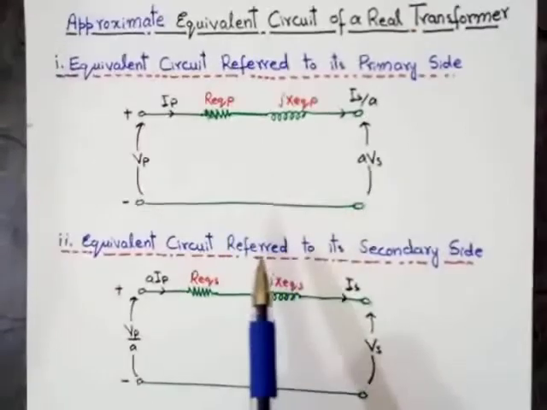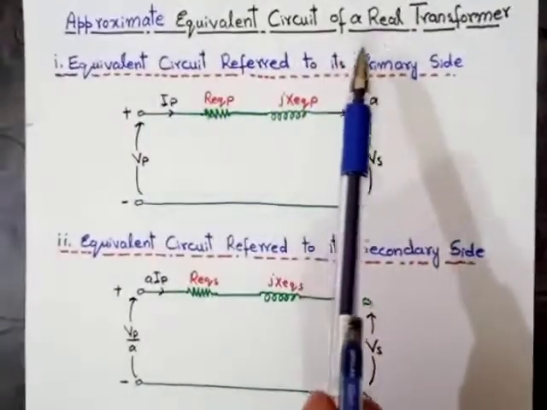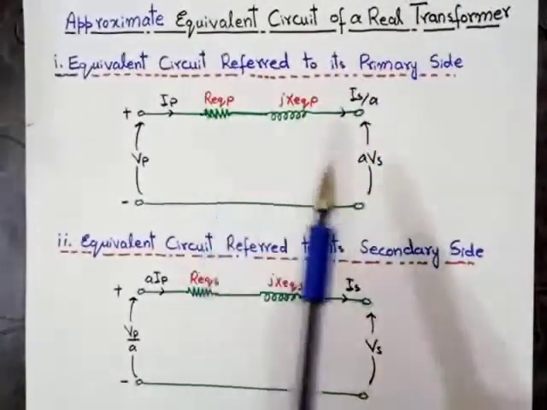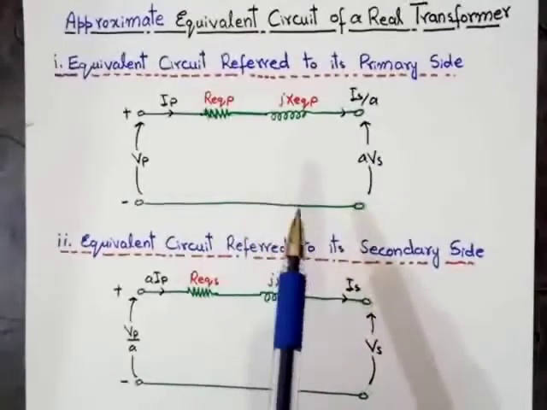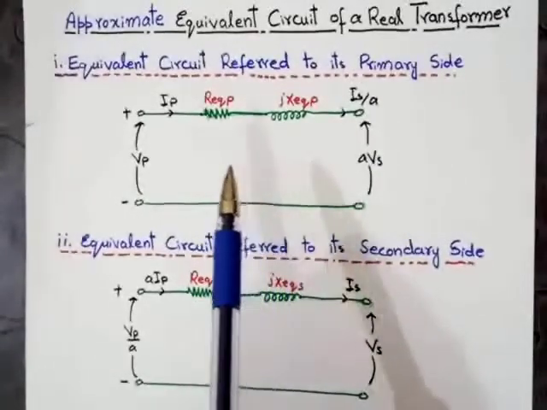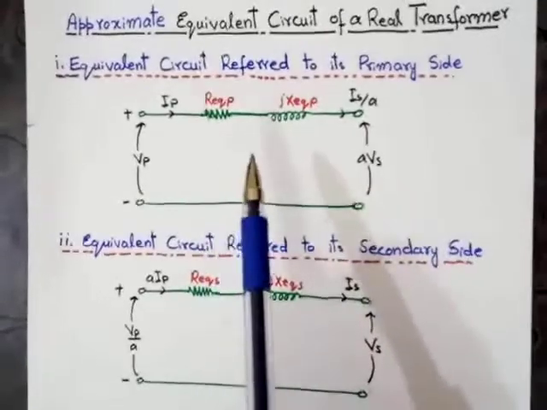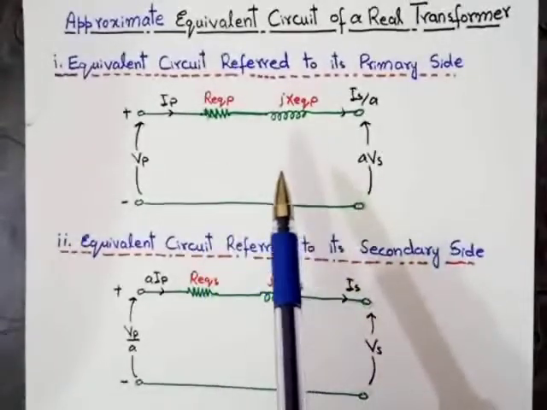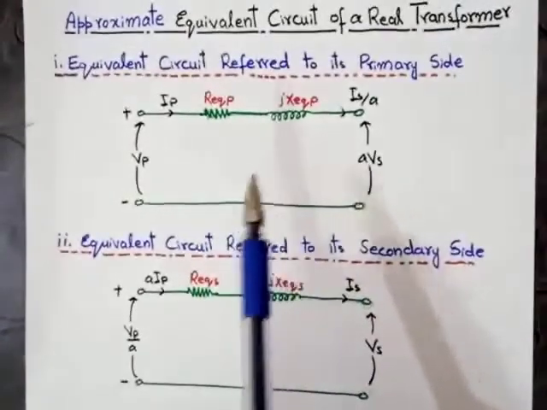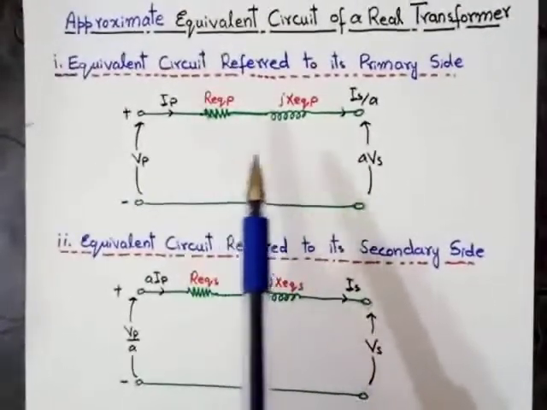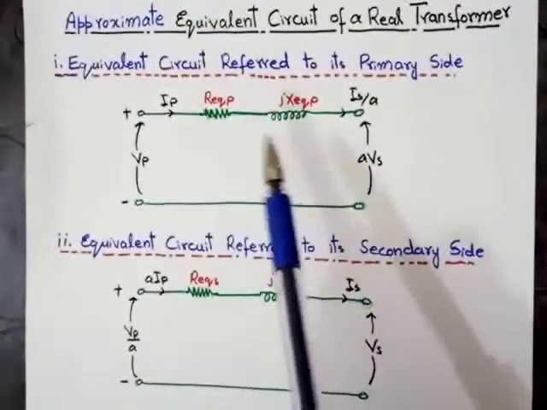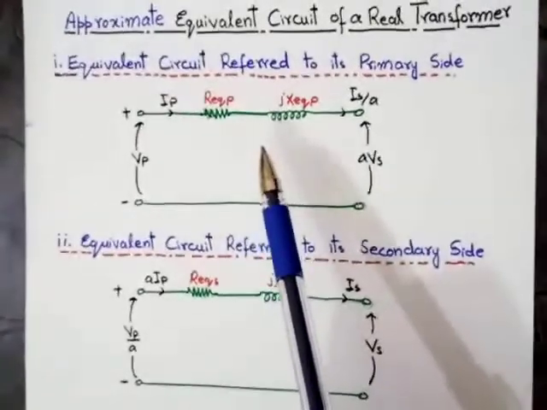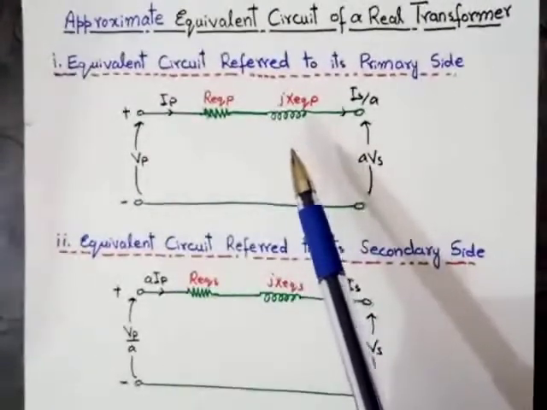So this is the approximate equivalent circuit of a real transformer. This is not the exact equivalent circuit of a real transformer, just because in this equivalent circuit we removed the RC and XM branch elements. In this equivalent circuit, we can easily solve the circuit, because it is a simple series circuit.